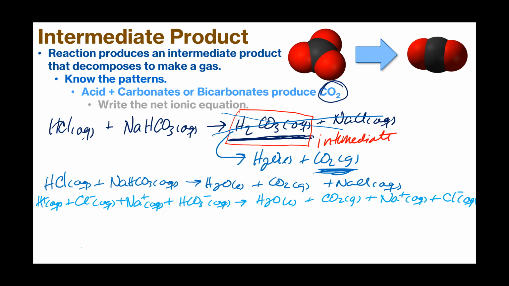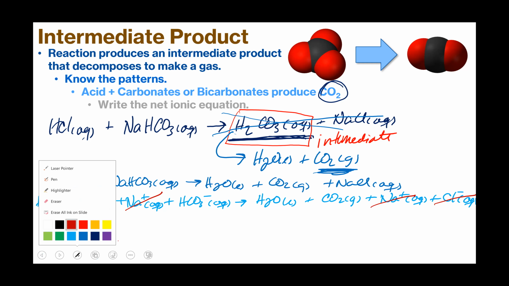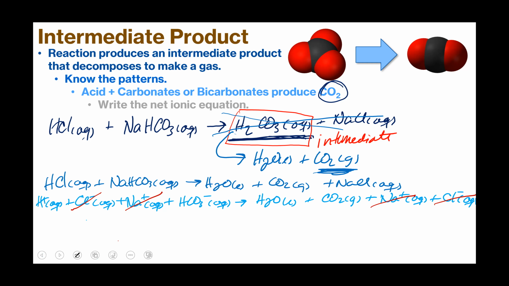Okay. Now look for your spectators. There's a chloride over here and a chloride over there. There's a sodium here and a sodium there. And then we've got our net that says H plus aqueous plus HCO3 minus aqueous will give us water, liquid, and CO2 gas.